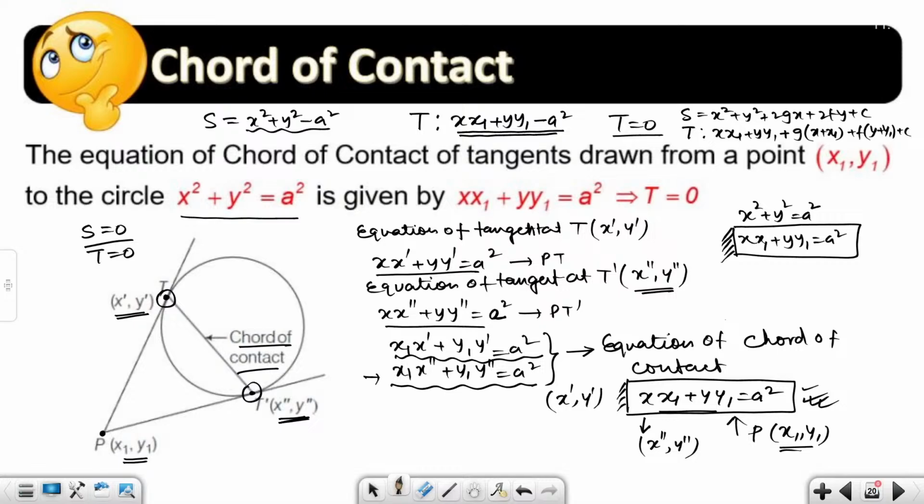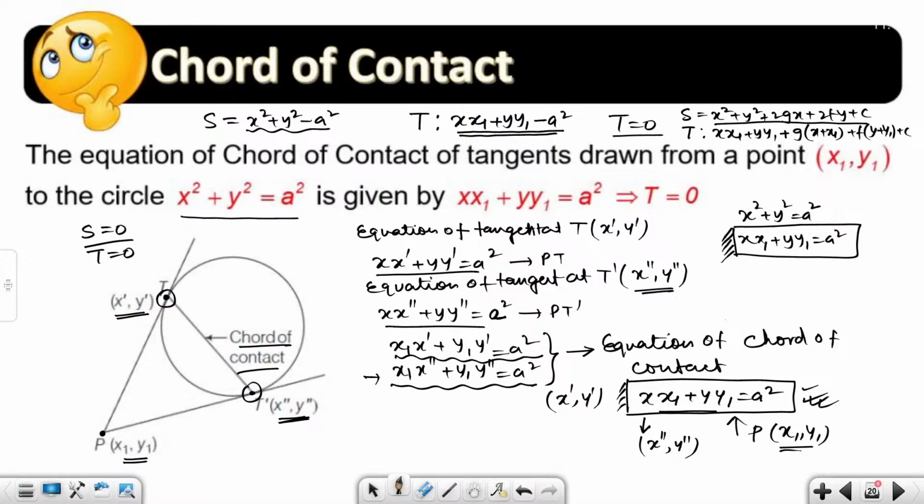Is it clear? Now you can ask me one question, sir. You have taken the standard form of the circle. But if I take the general equation of the circle, will your chord of contact also be T equals 0? My answer is yes. In that case also, the equation of chord of contact will be T equals 0.